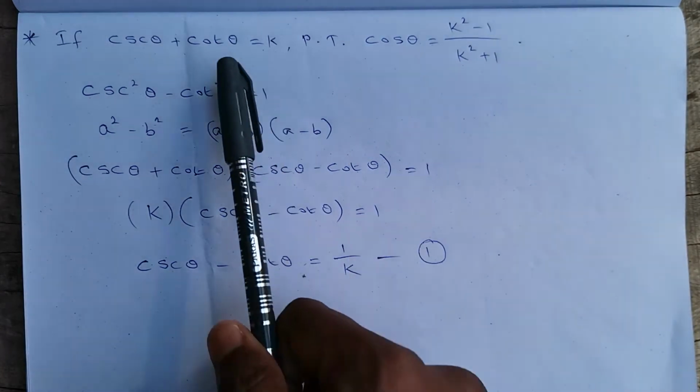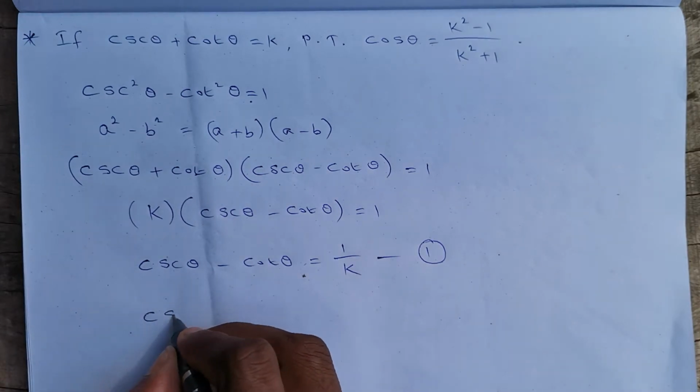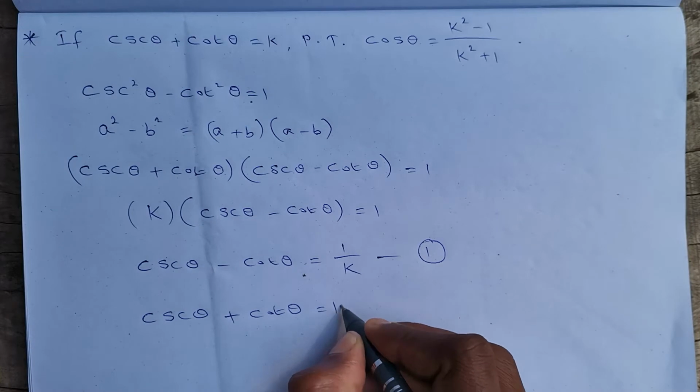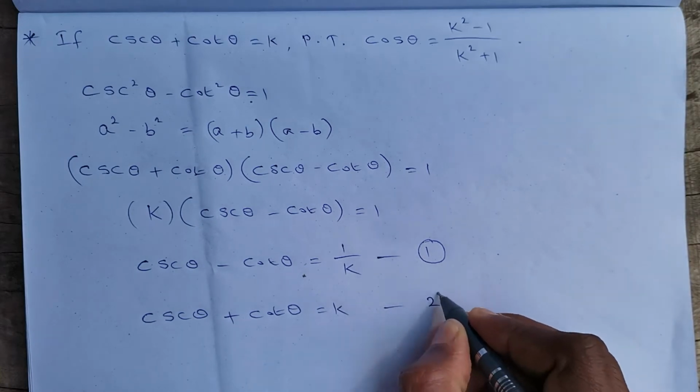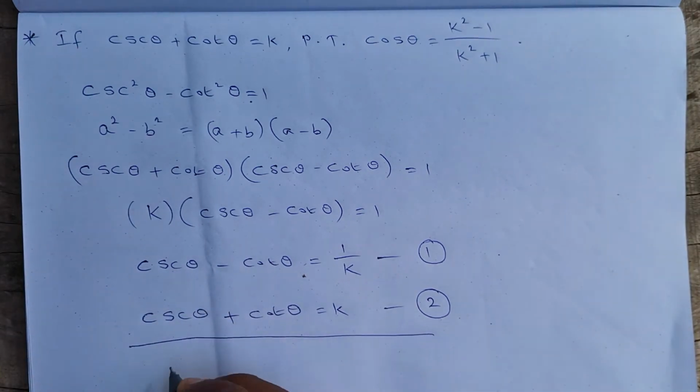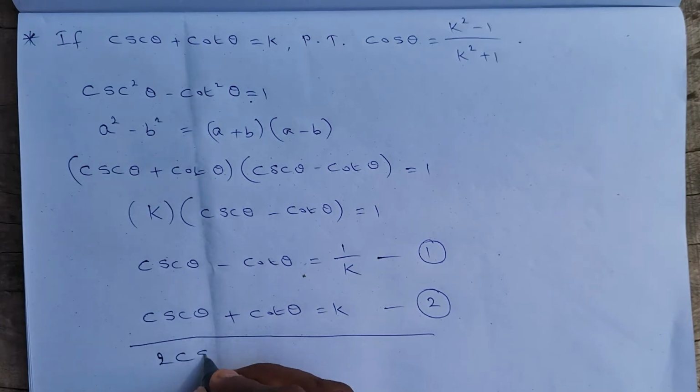What he gave in the question, that is cosecant theta plus cot theta is equal to k, I am taking as equation number 2. Now I will add these two equations. Cosecant theta plus cosecant theta is 2 times cosecant theta.